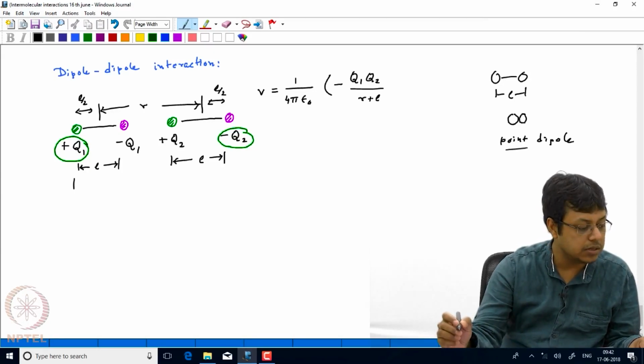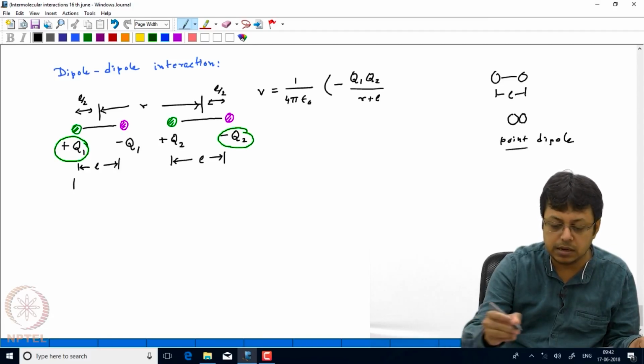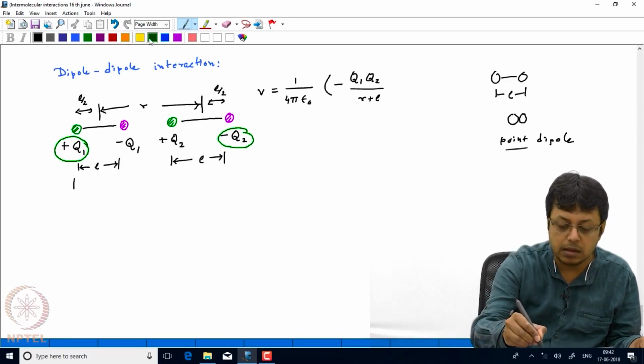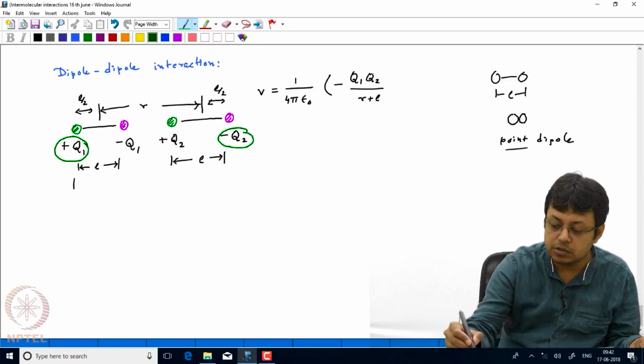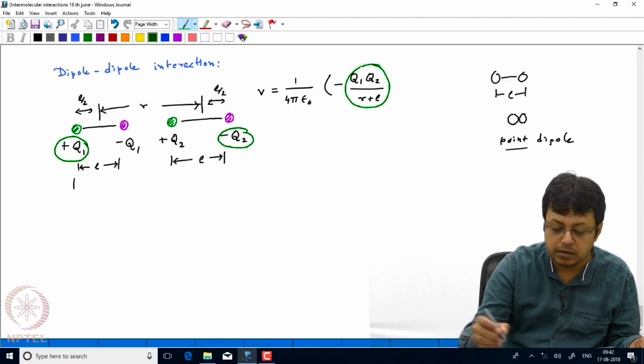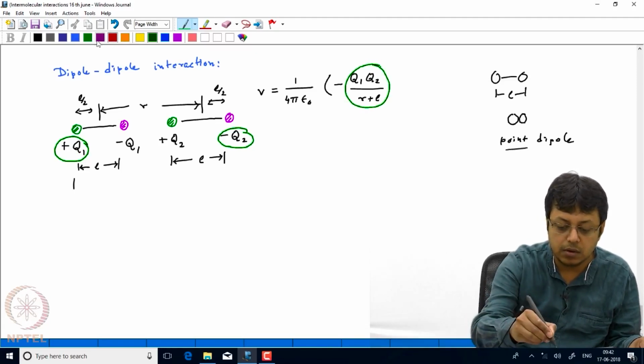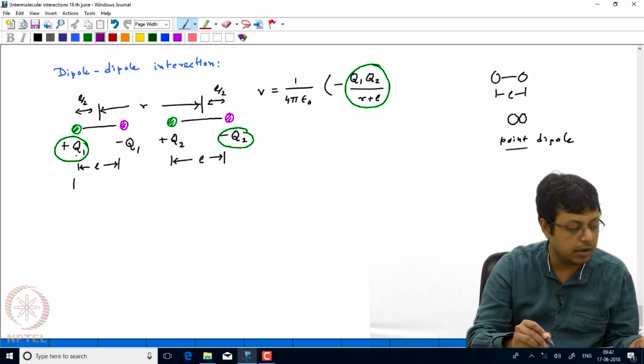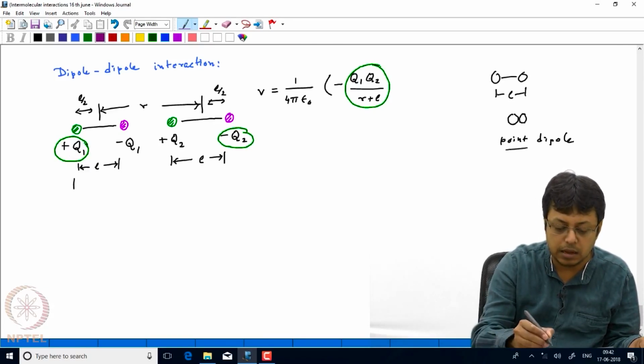Then let us consider the second term. This was our first term between the two charges. Now for the second term let us consider that I have Q1, and also take the other one as Q2.